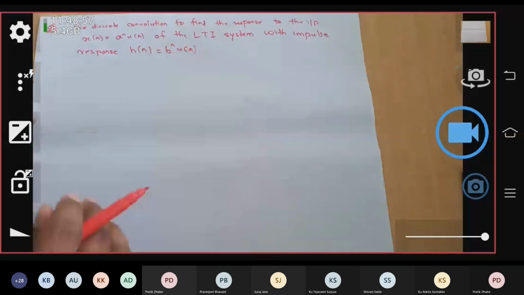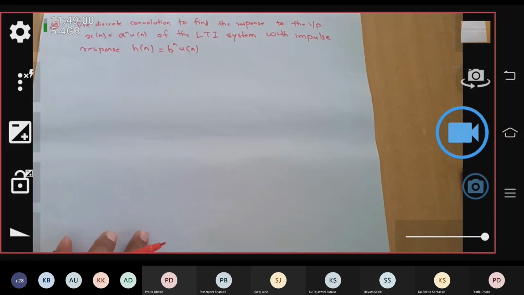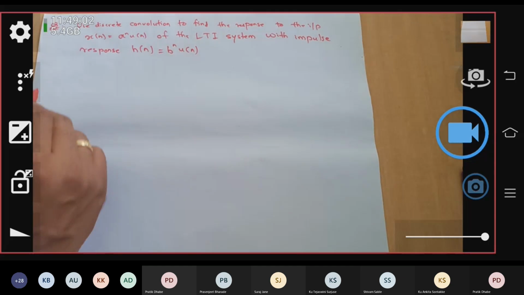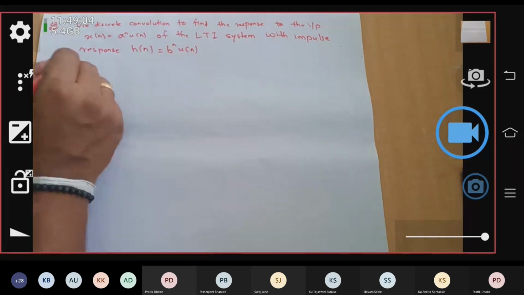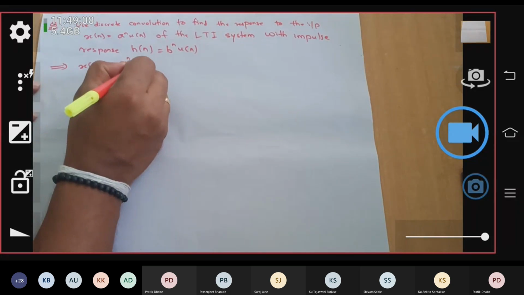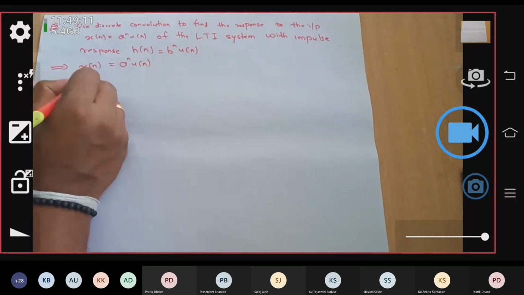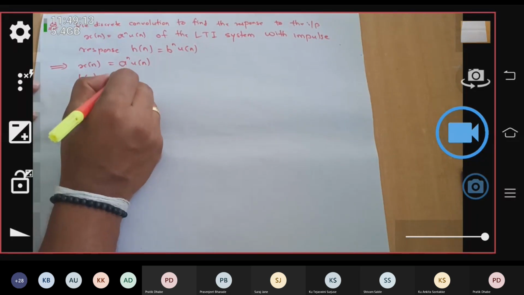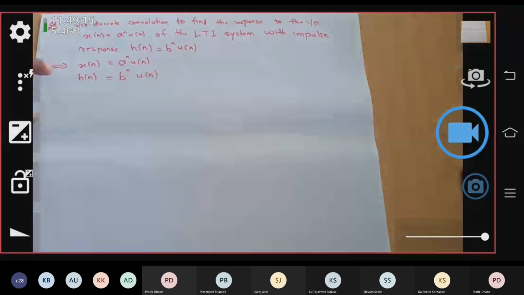So you simply have to obtain the convolution of x of n with h of n. You have been given x of n equals a raised to n u of n, and h of n equals b raised to n u of n. You need to find y of n. So take it as your homework and you can solve this at your homes.